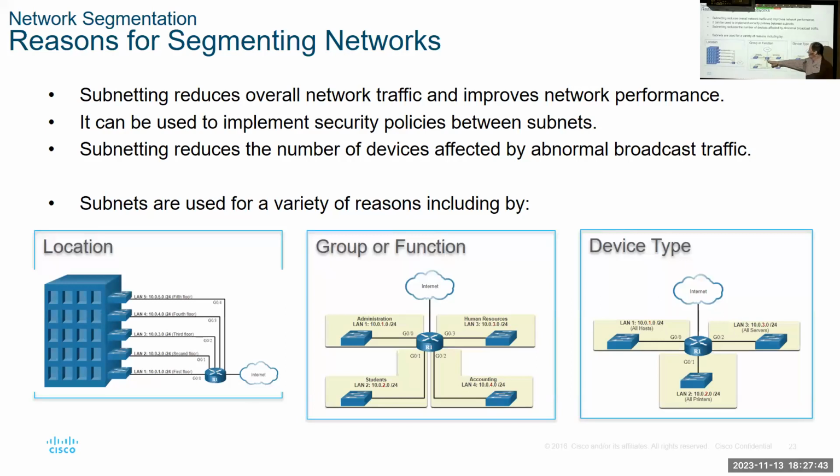So you could essentially put a rule on router 1 that blocks the student network from accessing these other departmental subnets. Most likely you'd let them, of course, access the internet, and then you might have student servers or something that they could also access in another subnet. But security is another possible reason you would subnet.